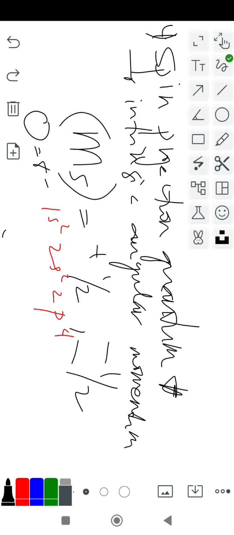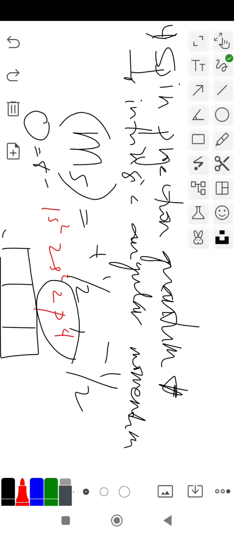Our basis there is the last one. P can only hold 6 electrons. So we have 1, 2, 3, 4. Wait, let me repeat it.